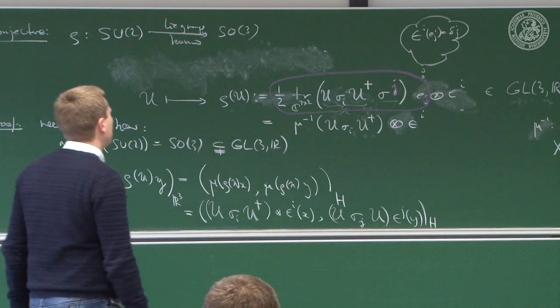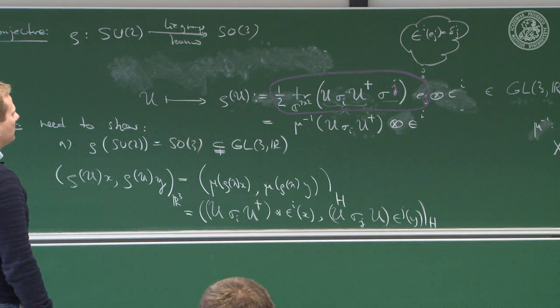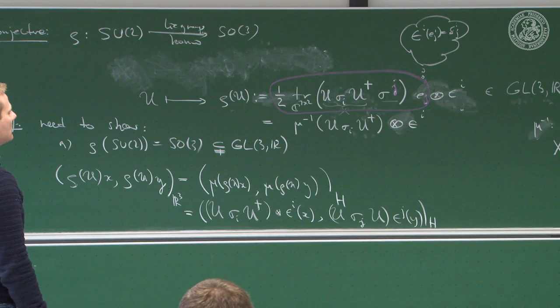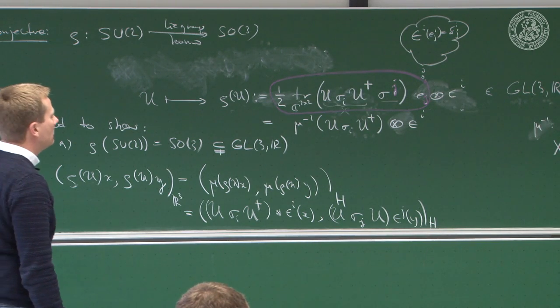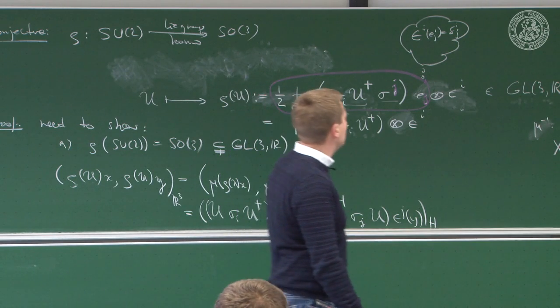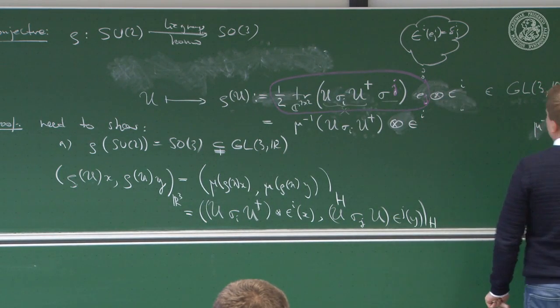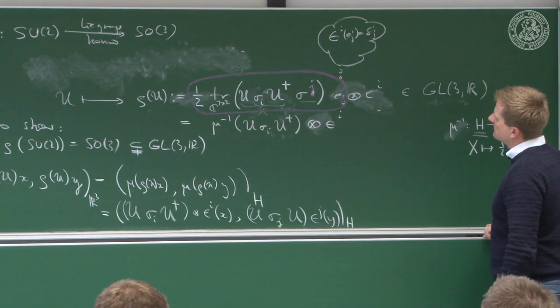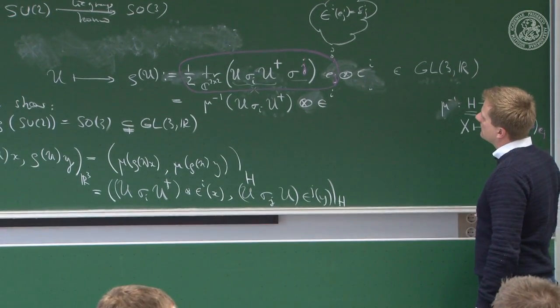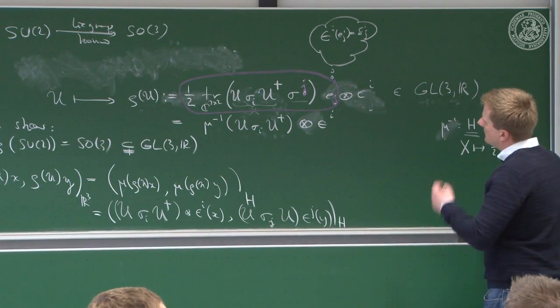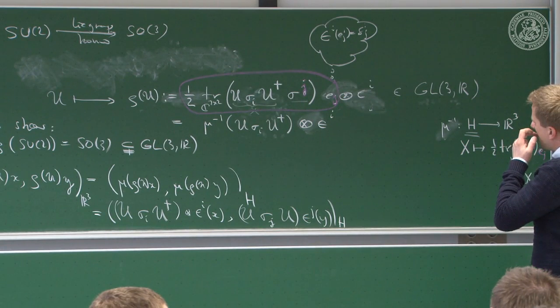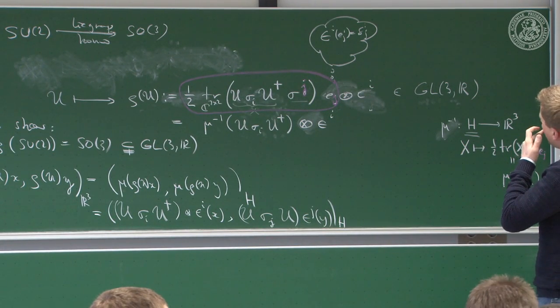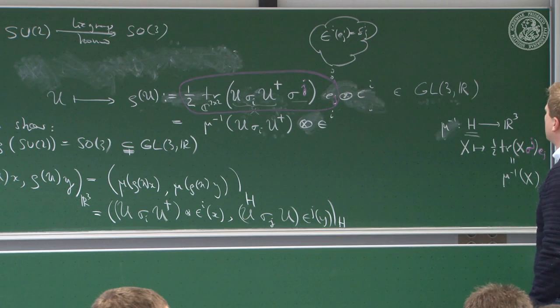Hang on. Rho of u of the inverse of the mu. Okay, what does the mu act on? But the mu only acts on this H. Yeah, but it doesn't act. No, it doesn't act on it.